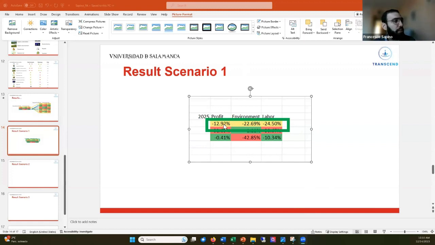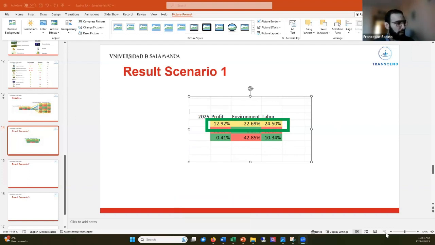Also an impact for the environment, and also an impact for the labor requirement. So basically, it's kind of in between the different strategies. So you have an impact in the 3 metrics we are considering, but you will still be able to increase or decrease the impact in profit and environment, especially.